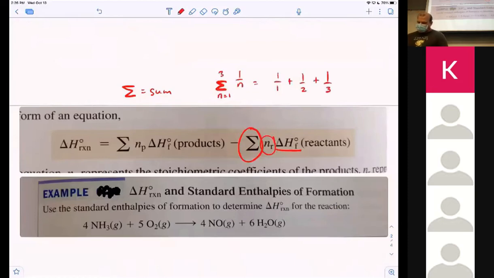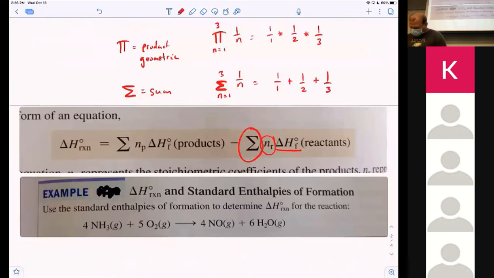So that's what that operation means, the capital sigma. Then you have a geometric series, capital pi is the product. So if you have pi of n equals 1 to 3 of 1 over n, this is equal to 1 over 1 times 1 over 2 times 1 over 3.